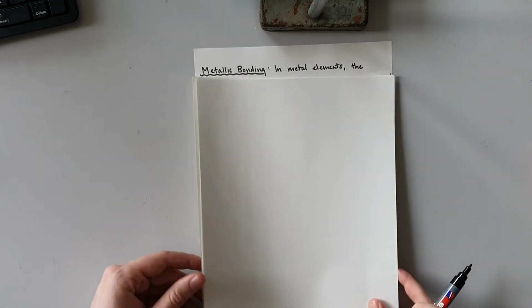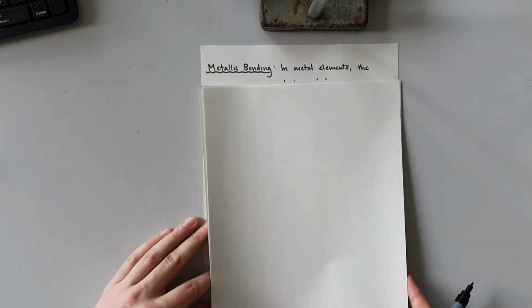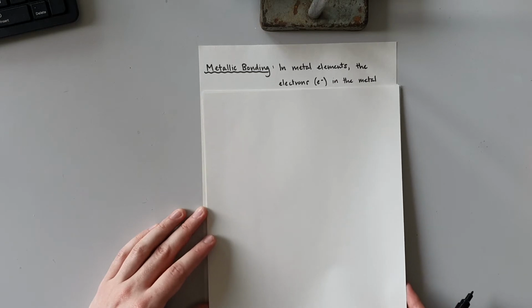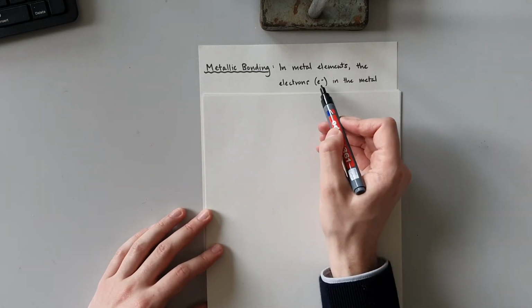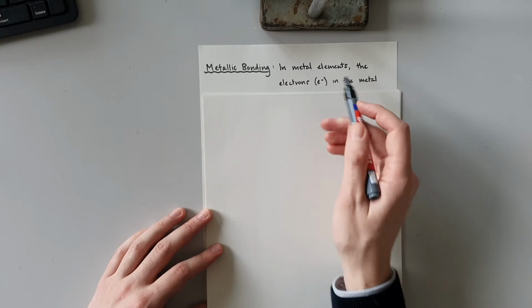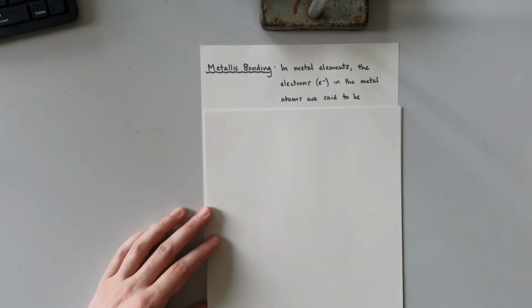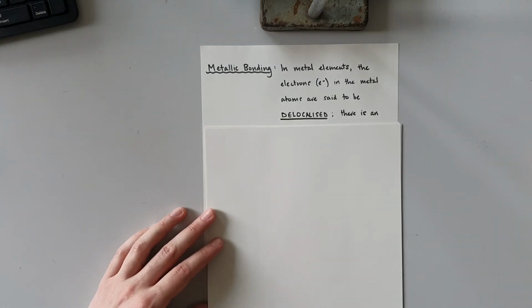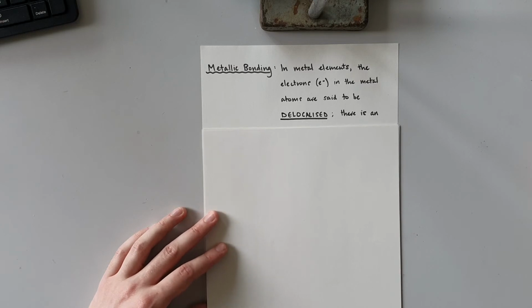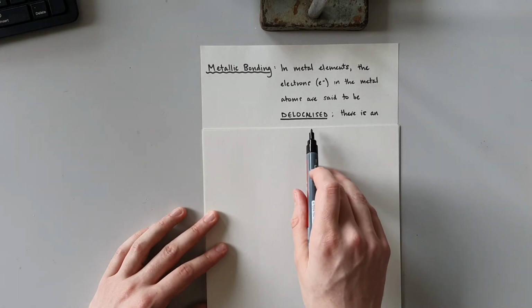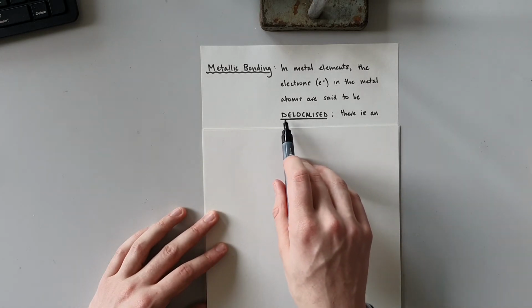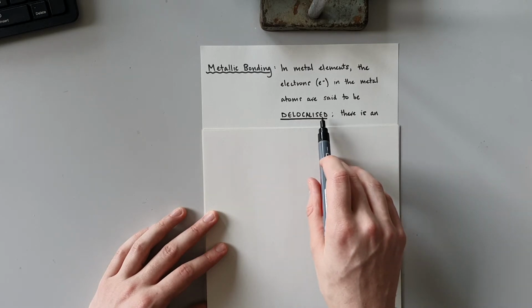So, when we think about metallic bonding, we have metal elements, and in those metal elements, the electrons, which I'll use the letter E and a little negative sign for, are said to be delocalized. So we're now not thinking specifically about electrons in orbitals, we're thinking about them being removed from those orbitals, sort of floating around.